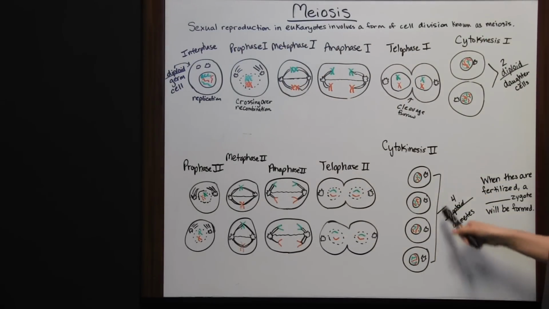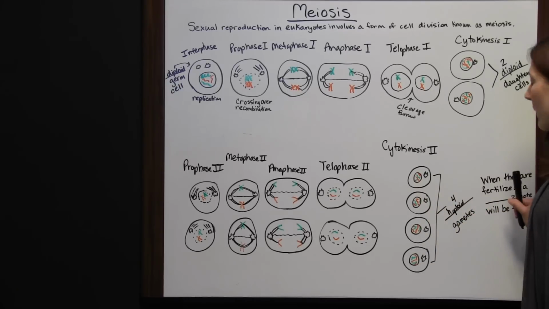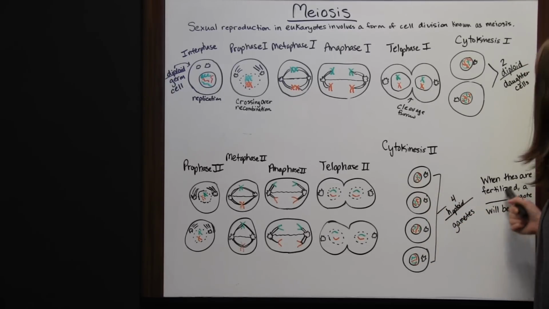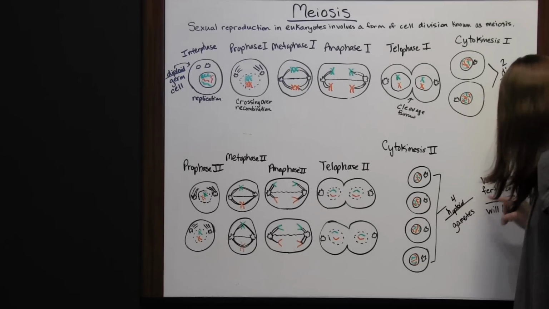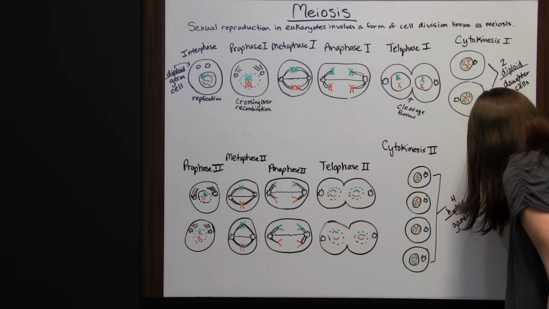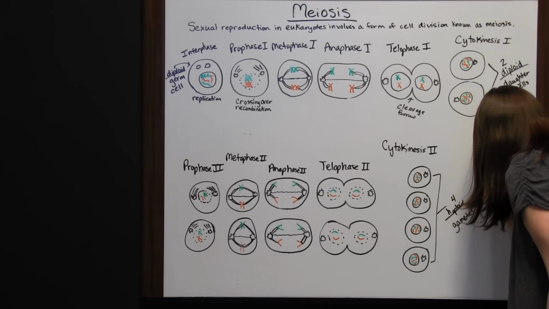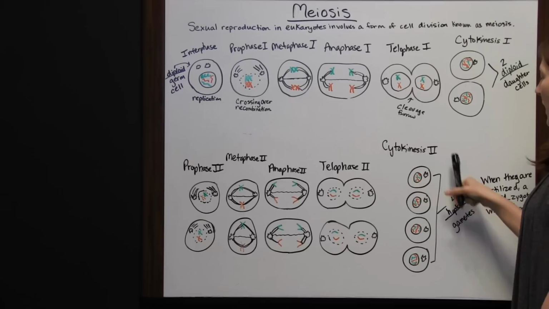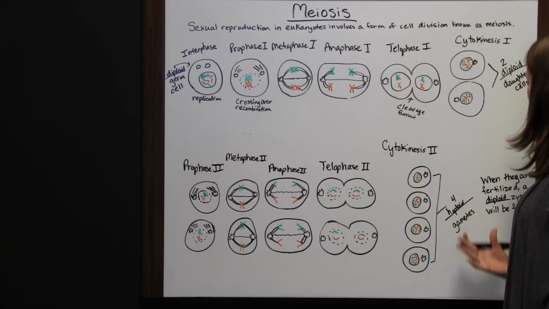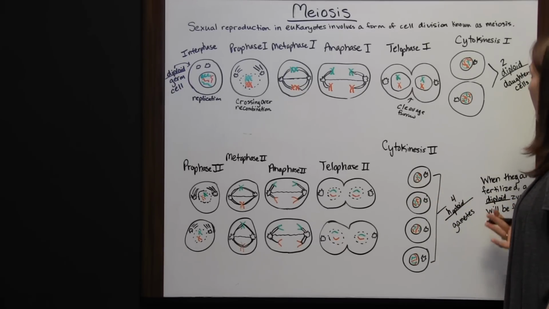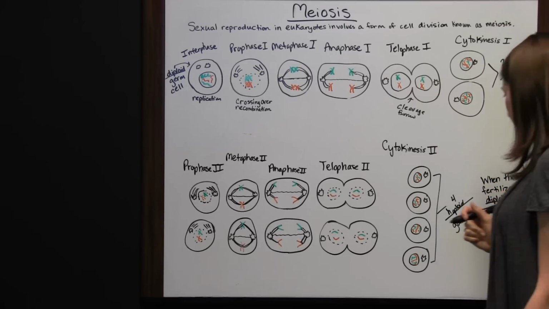So these gametes are going to be ready to be fertilized, and when they are fertilized, a diploid zygote will be formed. So if they are, then they can go on to create a new eukaryotic organism.